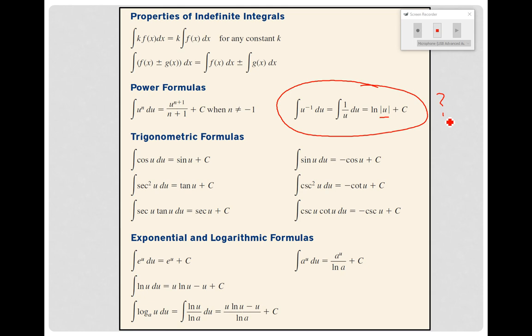Exponential. Well, e to the x, always there to bail us out and make us feel good. The integral of e to the x is e to the x. It's good news. And these last two. Oh, boy, what a mess. The integral of ln u is u ln u minus u. You're like, what? That gets the big question mark. And I'm coming in just a minute. I'm going to try and explain these last couple.